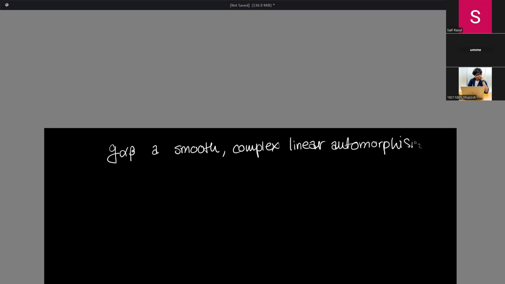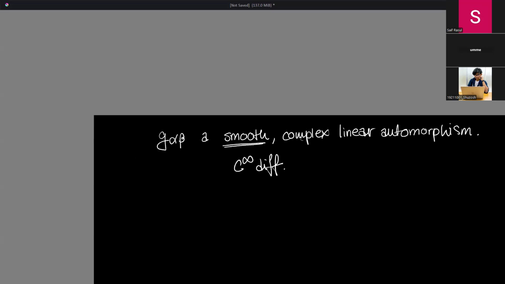So let's break that down. g alpha beta has to be smooth. We already know what it means to be a smooth function. So it has to be a C infinity differentiable function. It obviously has to be working over the field of complex numbers.